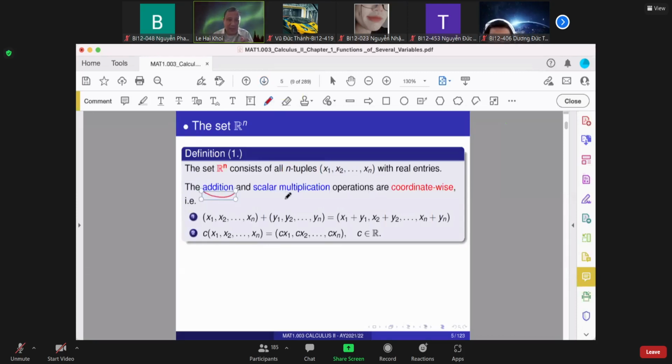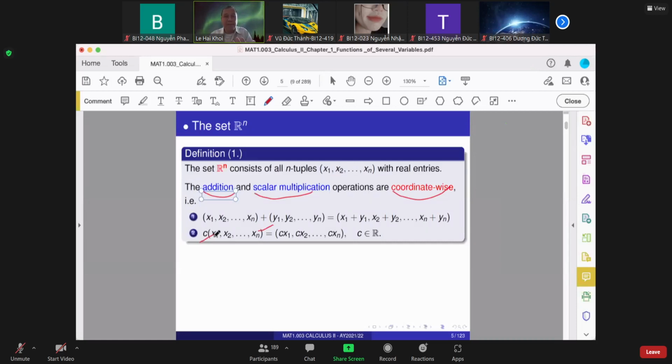Both operations are coordinate-wise. That is, when you add two n-tuples, you must work on corresponding coordinates. And when you multiply the n-tuple by a real number, you multiply each coordinate.